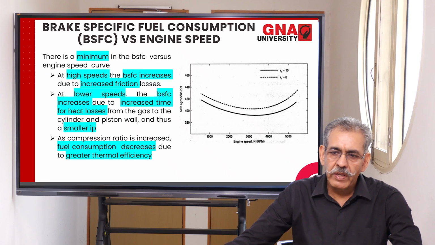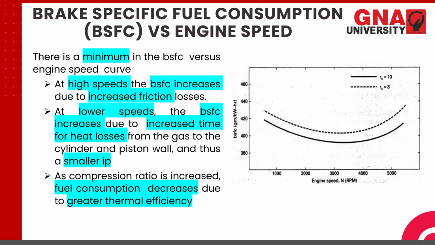Next we talk of variation of BSFC with engine speed. In this graph, you can see as the engine speed increases, the brake specific fuel consumption decreases and reaches a minimum at around say 3200 RPM, and from there it starts increasing again. So at lower speed and at higher speed, specific fuel consumption is maximum.